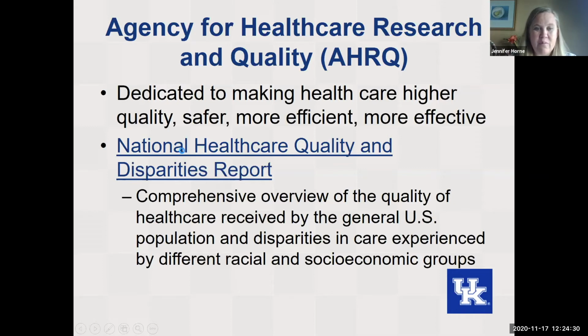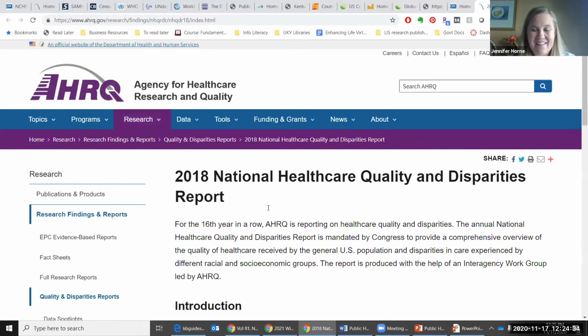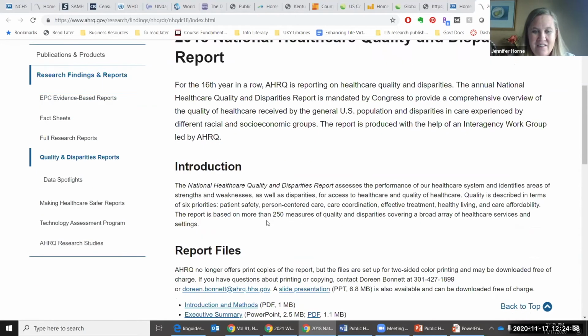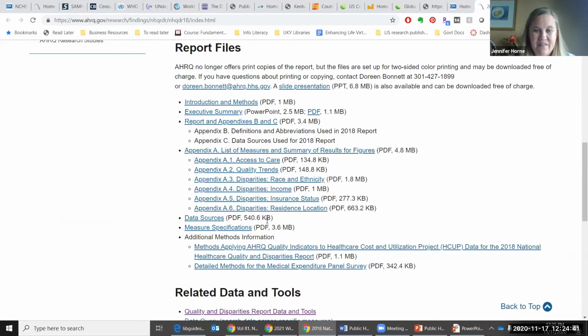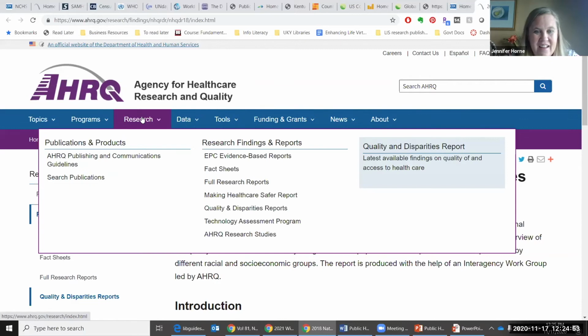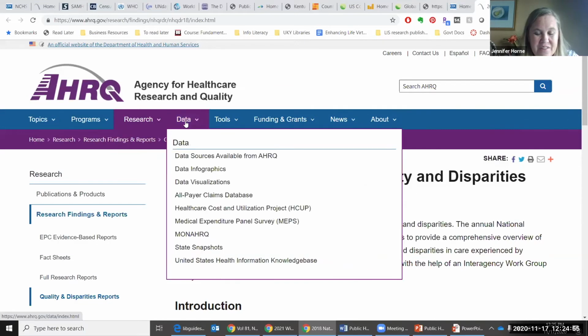This is an annual report, and you can see once again that this is from 2018. It's a very comprehensive report about access to care and quality trends, and it's a source that a lot of people refer to. On this website, you can also see that they've got lots of different data sources.